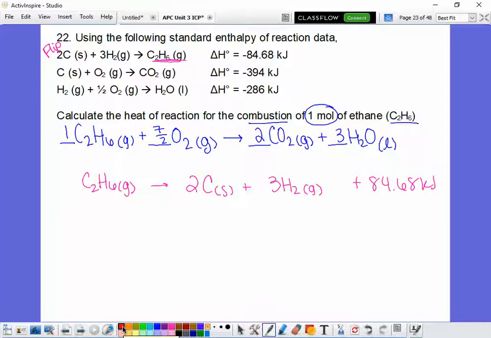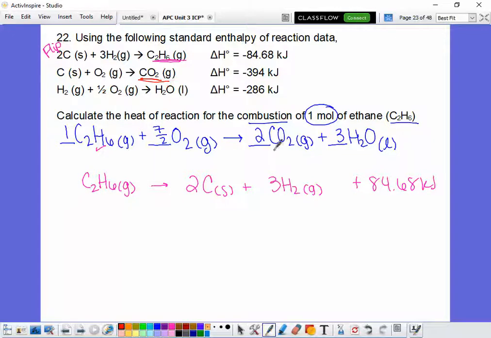Next one, O2. So we dealt with the C2H6. O2. Is it found in only one equation? No. So let's skip over that. Hopefully it works out on its own, right? So on to CO2. Is it found in only one equation? Yes. Which one? The second one. It's found right here. Is that the correct side? Yep.